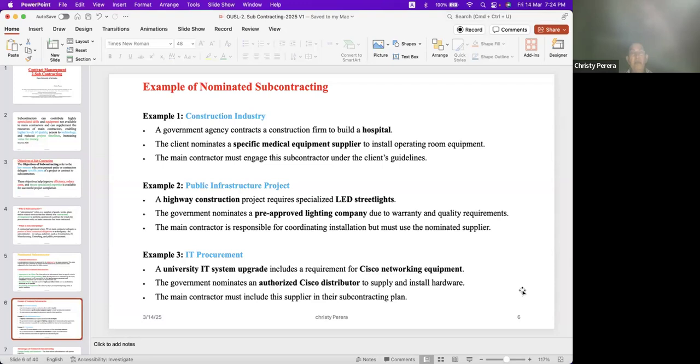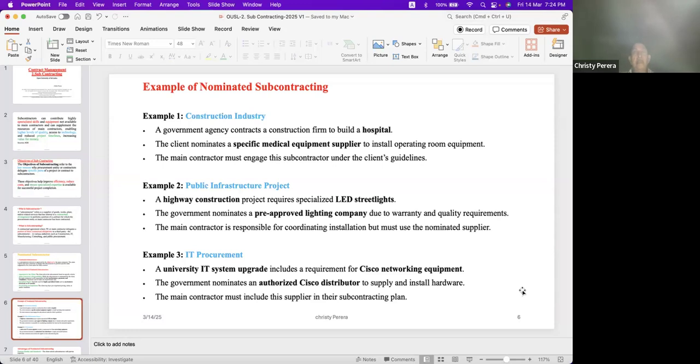You can have a nominated subcontractor to do a main specified part which the main contractor doesn't have. So I'm sure about my nominated subcontractor, so I'll give it to him. But there are some problems, right? Although we study like that, there are so many problems. We'll see what the problems are in this lesson.